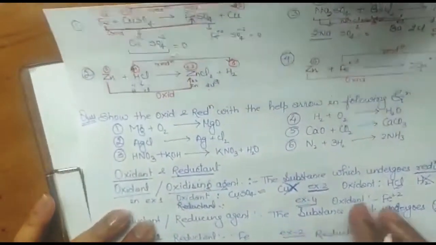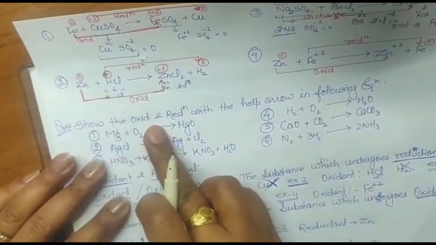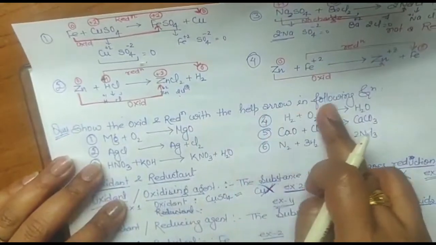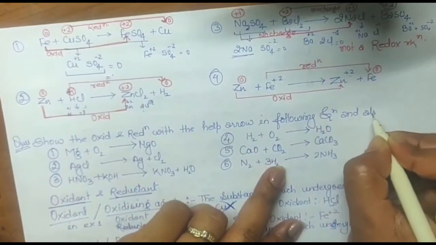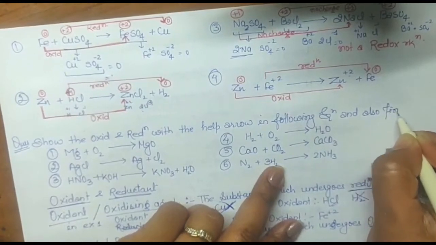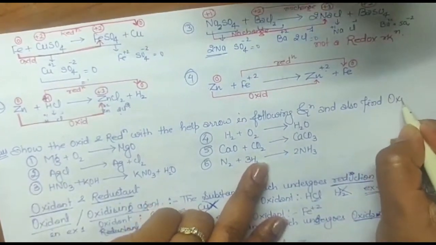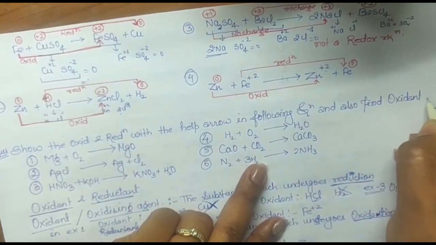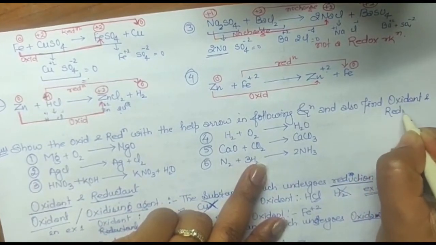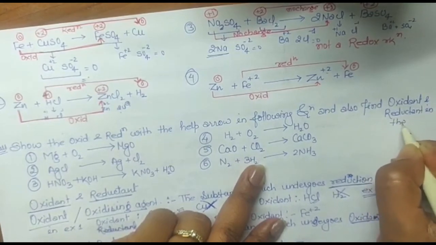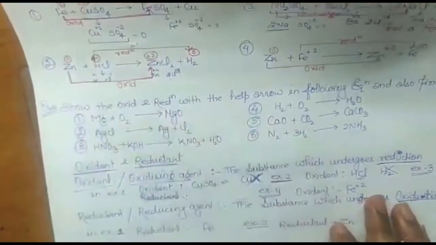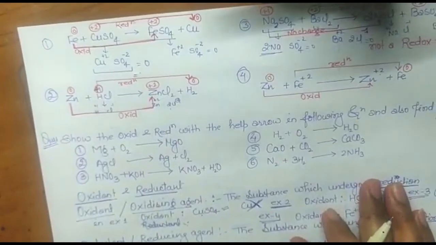Okay. So what you have to do, you have to show the oxidation and reduction with the help of arrow in the following equation, and also find the oxidant and reductant in that. Got it? Okay. Along with this, you have to do some NCERT work also.